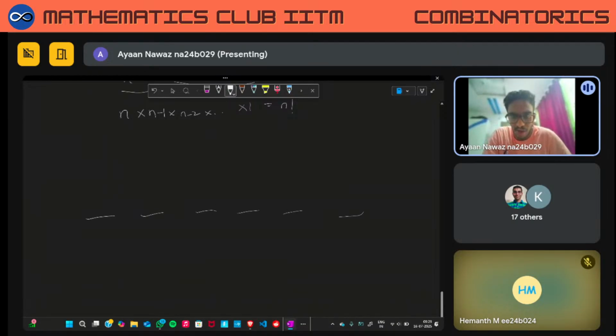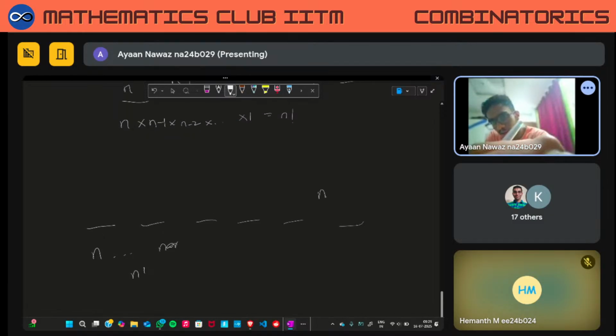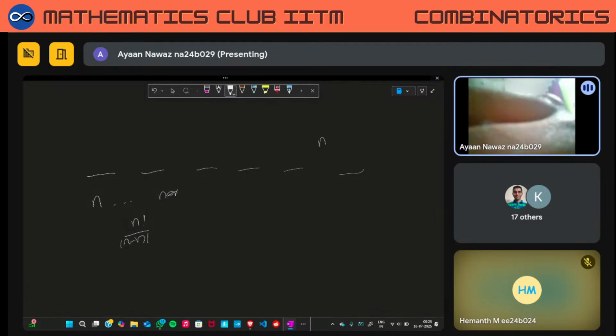So basically, what I'm doing is I'm taking only the first r places. So it will be n and so on till n minus r only. So that will be n factorial by n minus r factorial. Why? This will be n minus r plus 1, by the way.